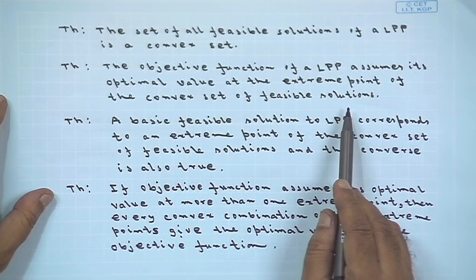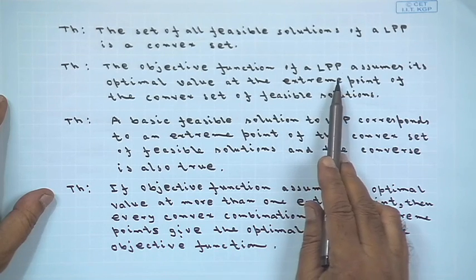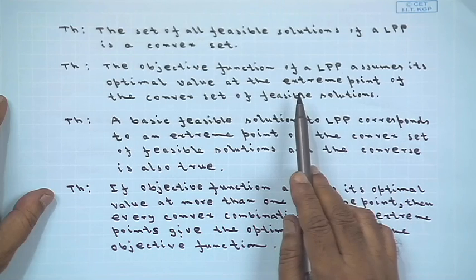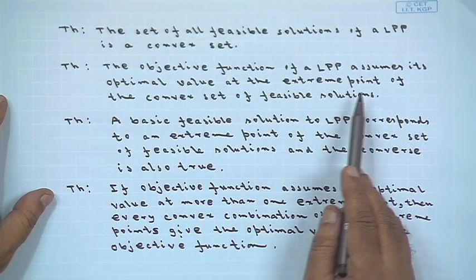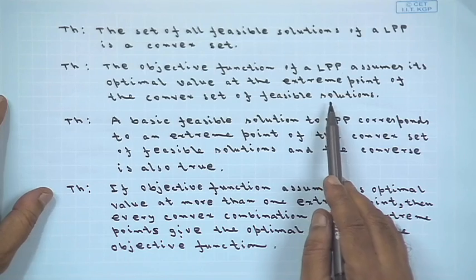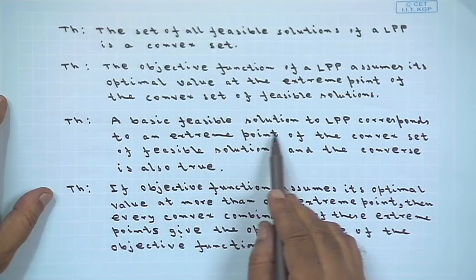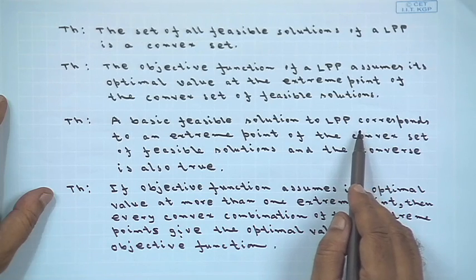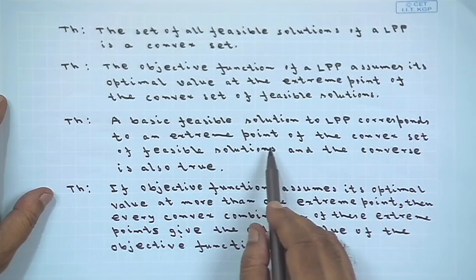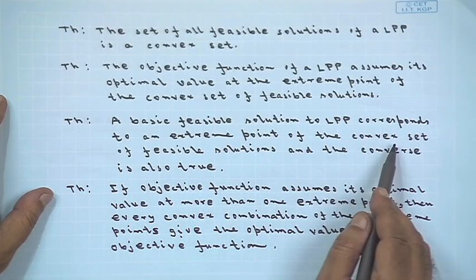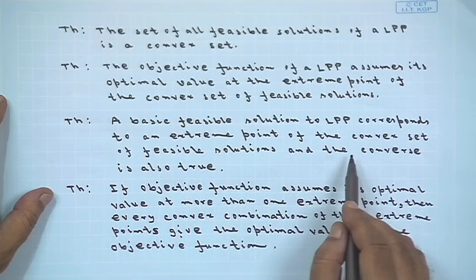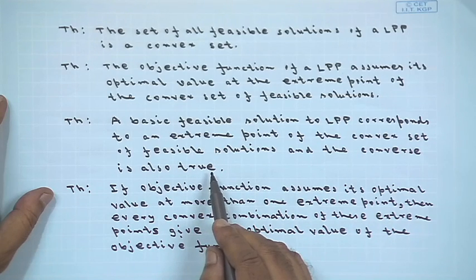So, there is a mathematical proof of what I told you just now, that the objective function of an LPP assumes its optimum value only at an extreme point of the feasible region. The third theorem says that a basic feasible solution to an LPP corresponds to an extreme point of the convex set of feasible solutions, and the converse is also true.